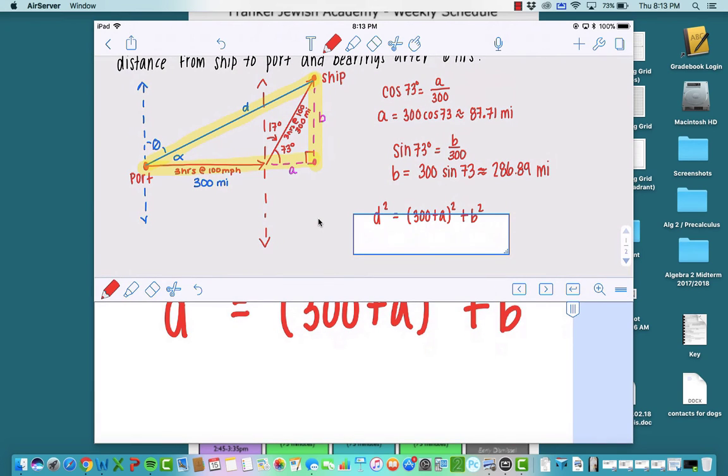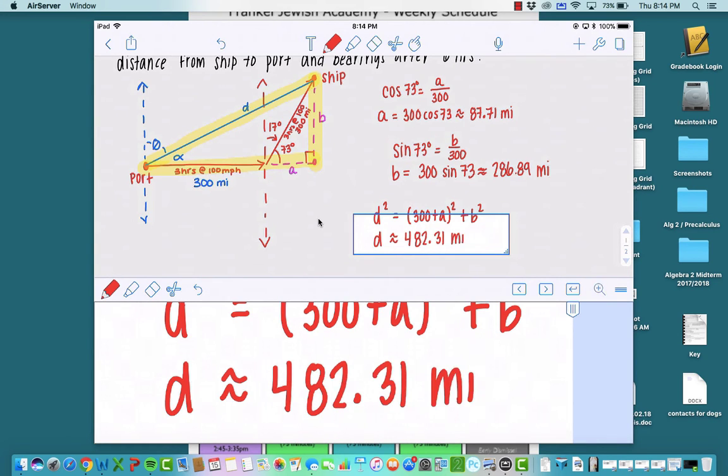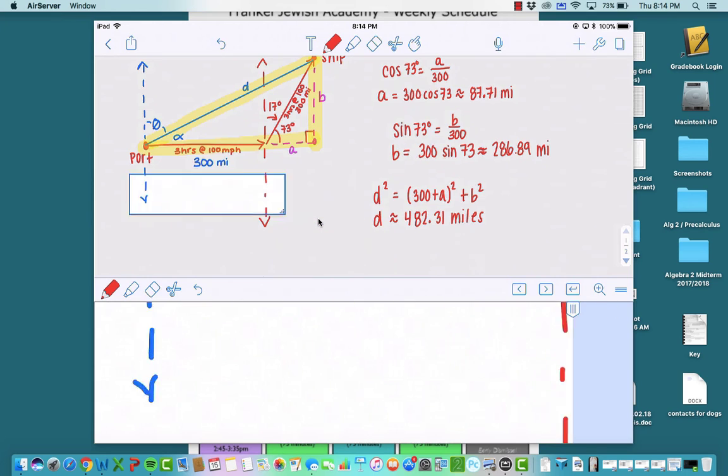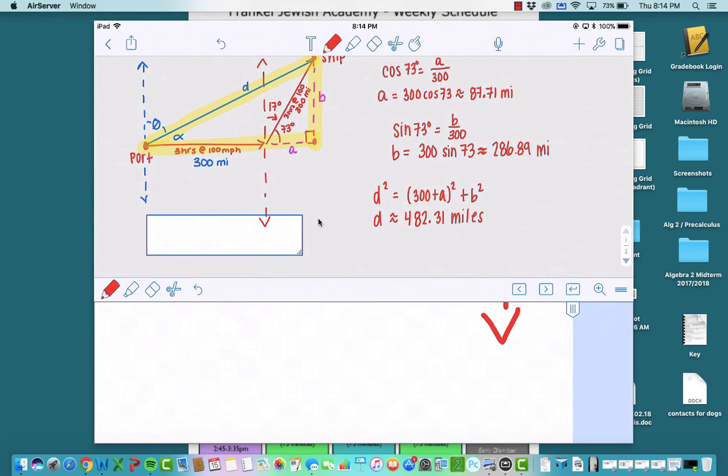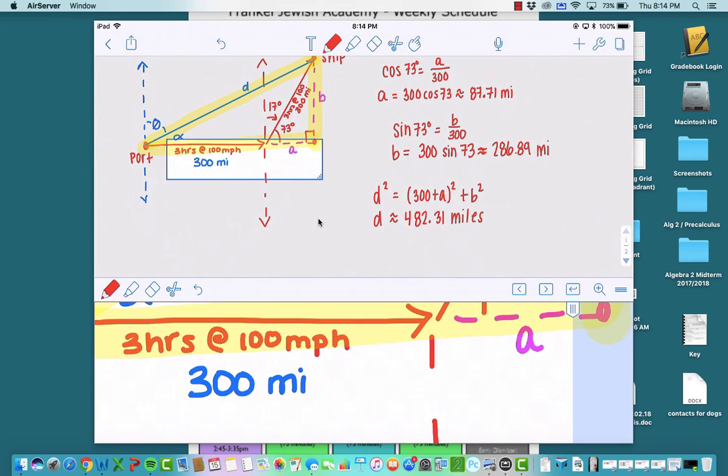D is approximately equal to 482.31 miles, which is perfect. I also have enough information to find alpha. I'm going to use that number again.